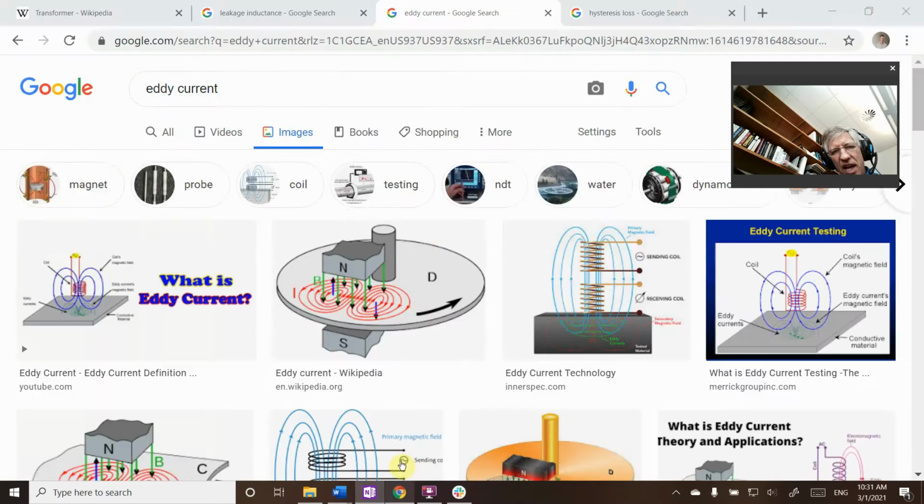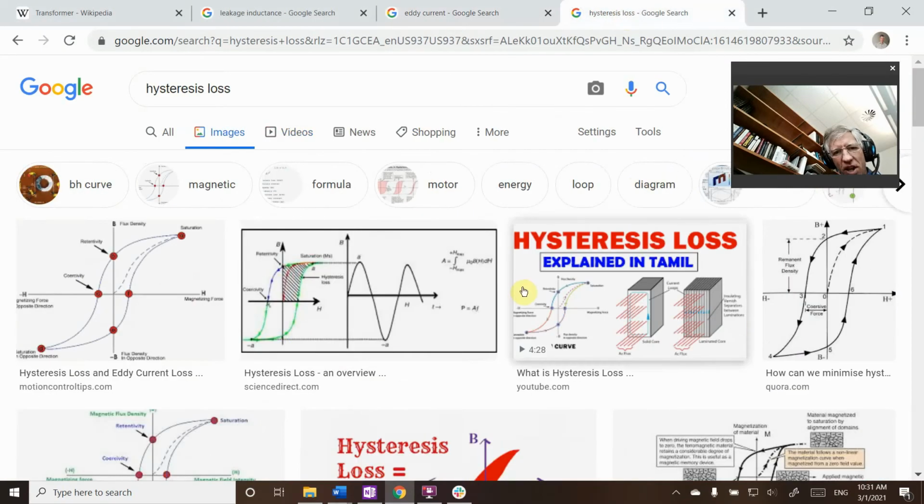Then I have hysteresis loss. Hysteresis is when my inductor's magnetic field is going up and down and up and down. Because of the hysteresis, it's going up a different path than it's coming down, and this movement in this area is going to create loss.